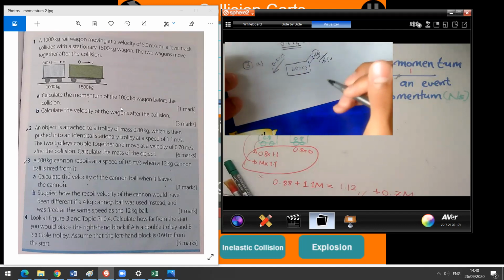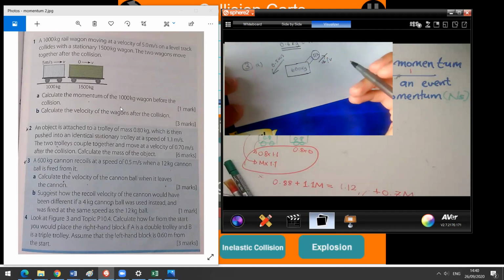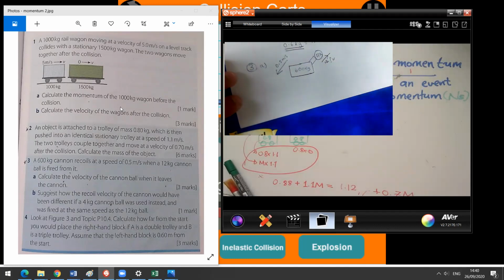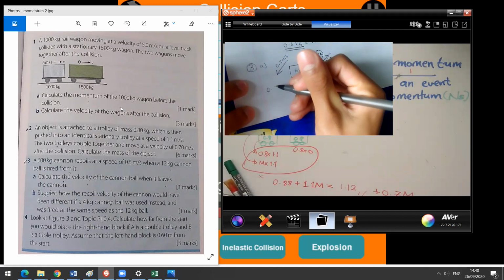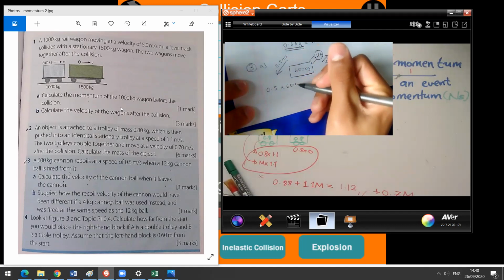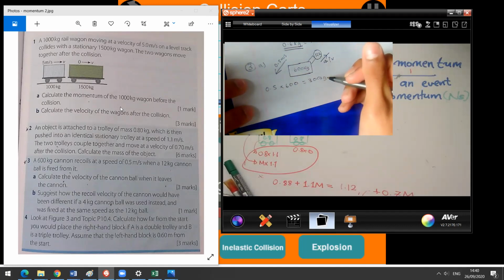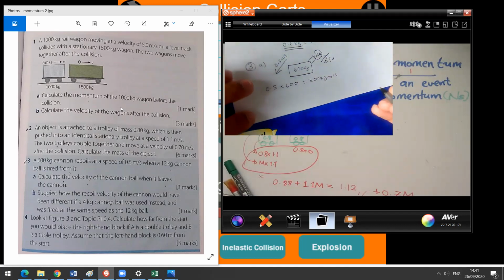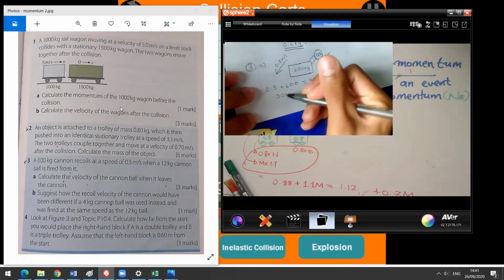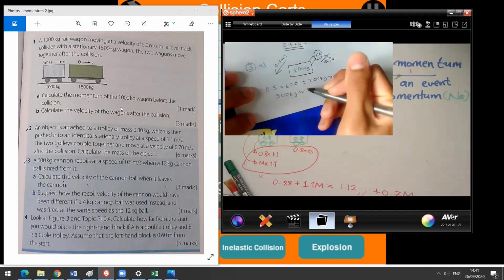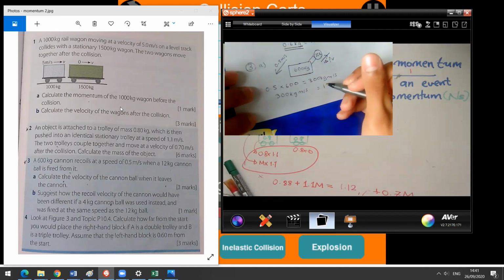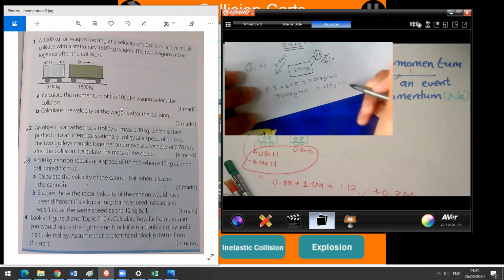So if we try and work out the momentum, 0.5 times 600 gives us 300. And then we know 300 kg meters per second is equal to 12 kg times our velocity.